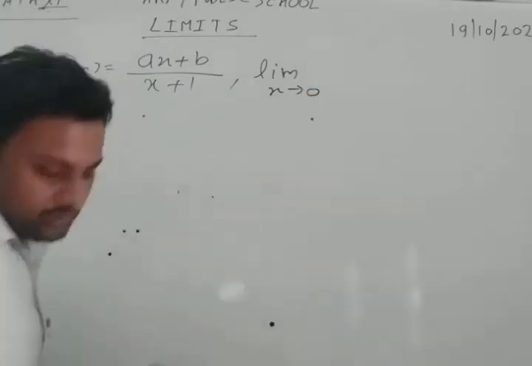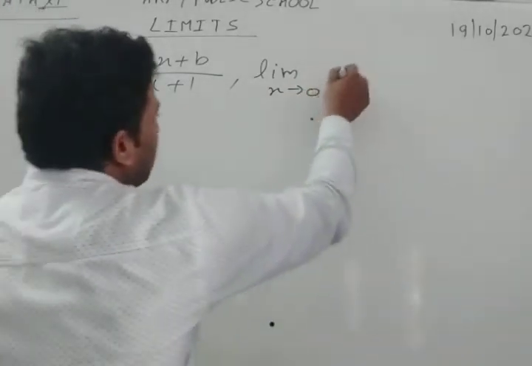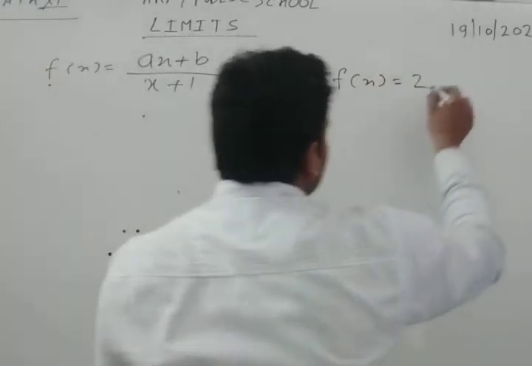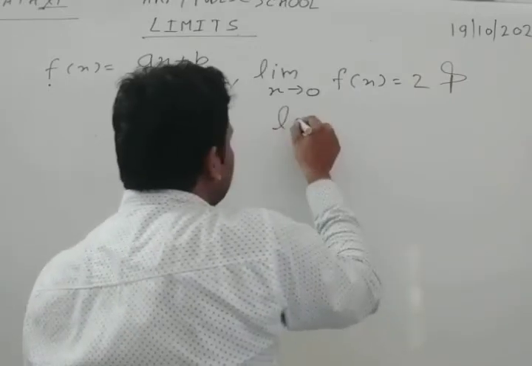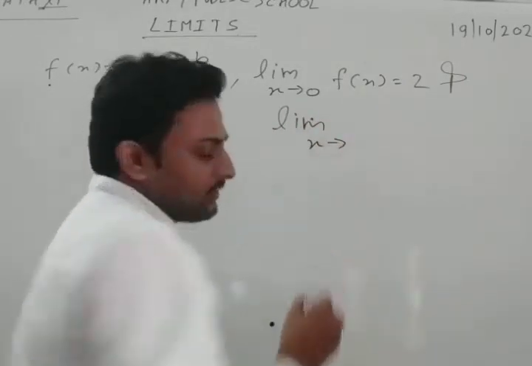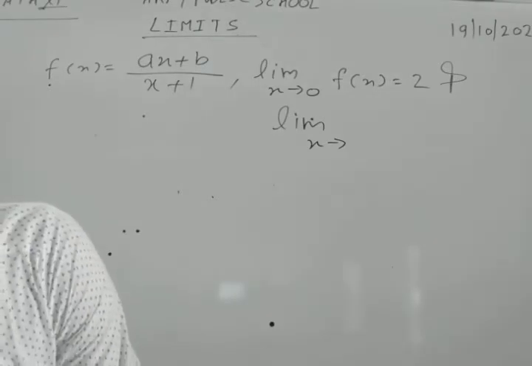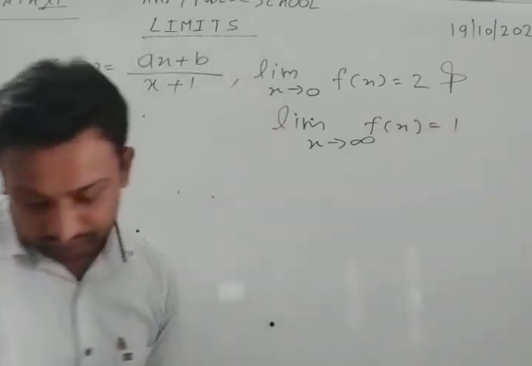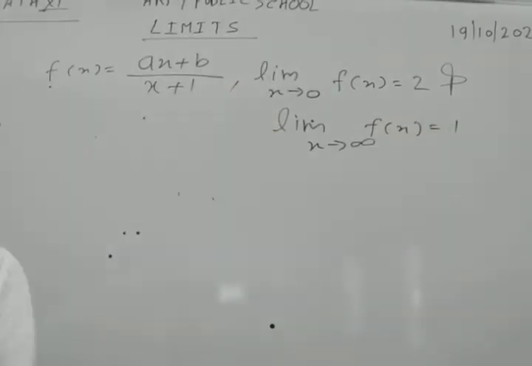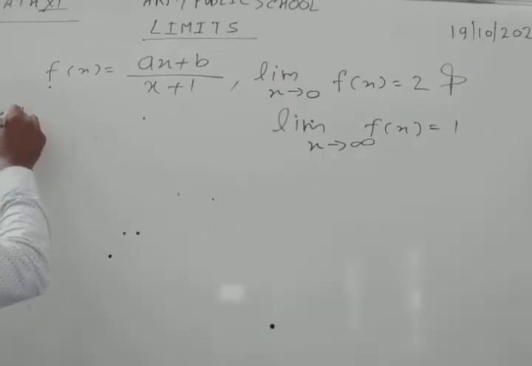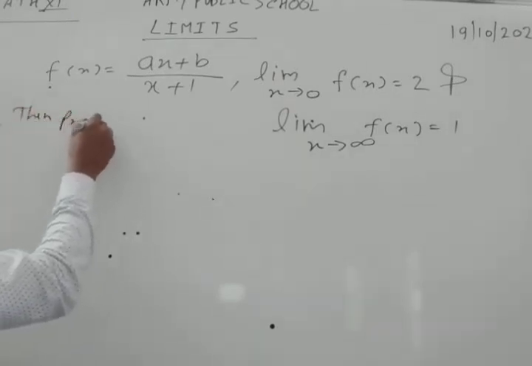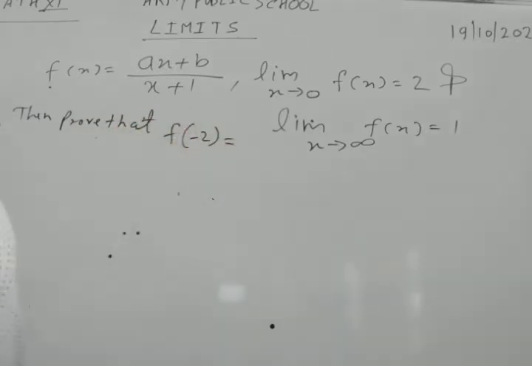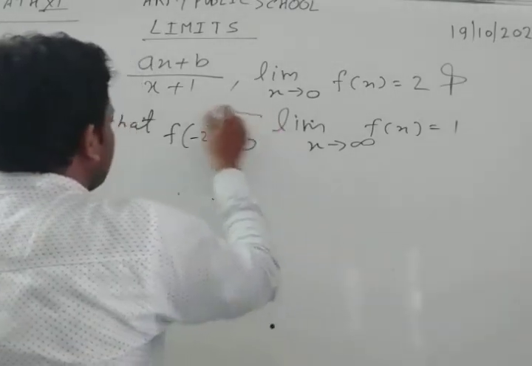Limit x tends to 0, f(x) is 2, and limit x tends to infinity, f(x) is 1. Then prove that f(minus 2) is equal to 0.